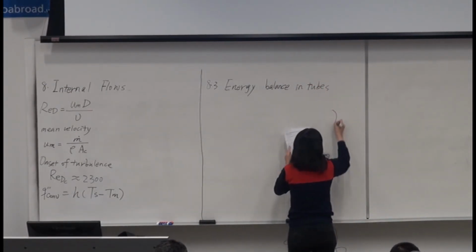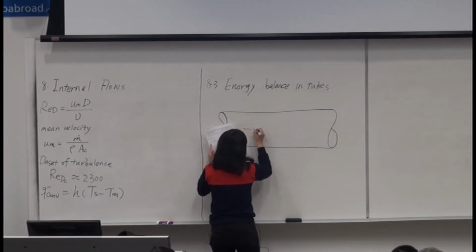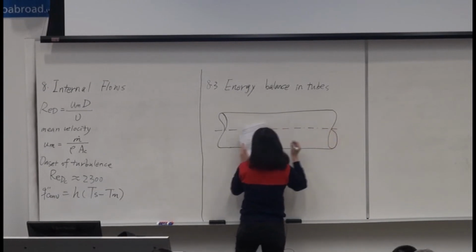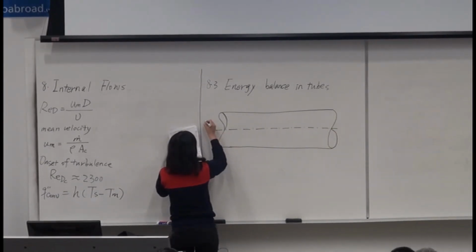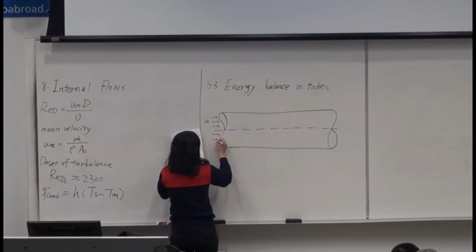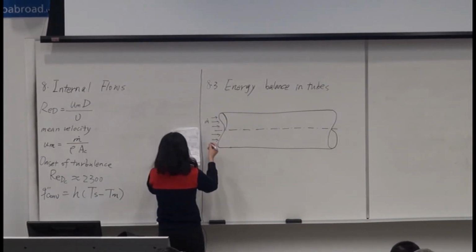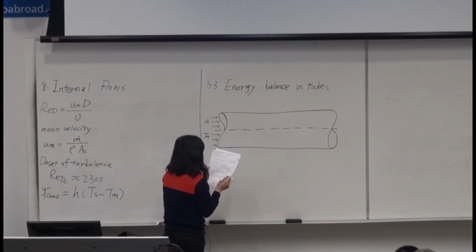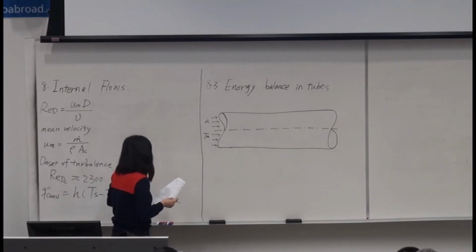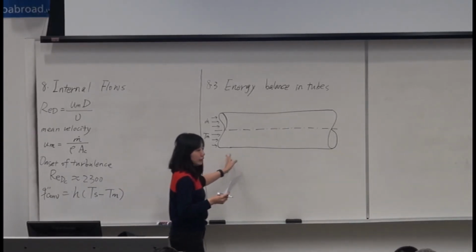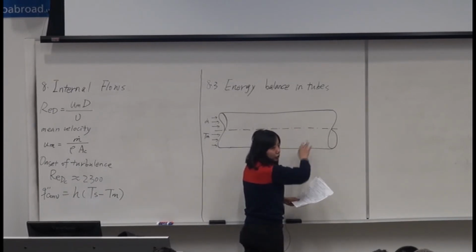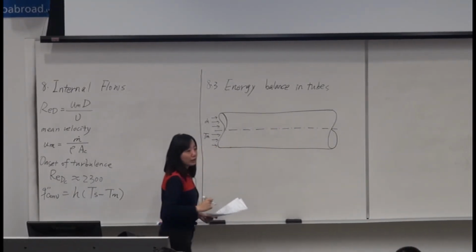We have a tube here with a uniform mass flow rate at the inlet, and the fluid is at the mean temperature at the inlet. If we would like to know how the temperature distributes everywhere inside the tube, we are going to do an energy rate balance.